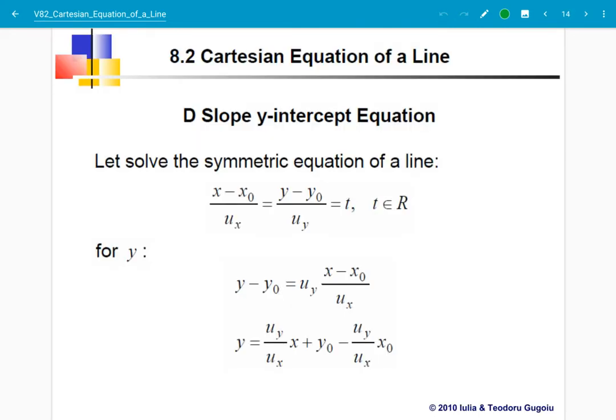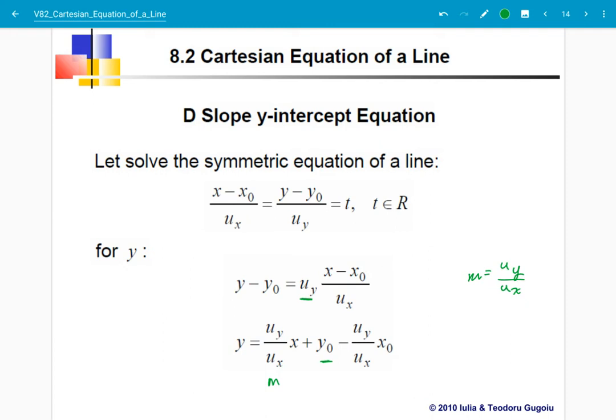Connecting slope-intercept form. Okay. What we have here is to solve the symmetric equation of a line for y. So multiply both sides by u y, so you end up with it over here. And then you add y naught. Okay, and look at that. That's the slope. And I think I talked to you guys about that in a previous lesson.